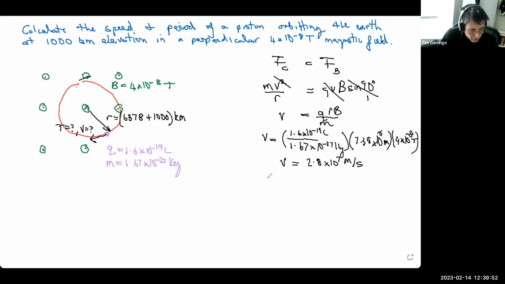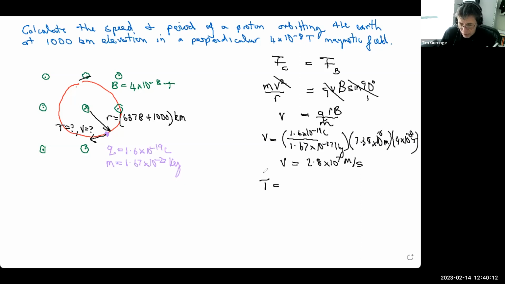We also wanted to calculate the period. This is the time to complete one orbit, uppercase T. We can calculate that just by using the relationship between the velocity you're moving at, the distance you're traveling, and the time that it takes.